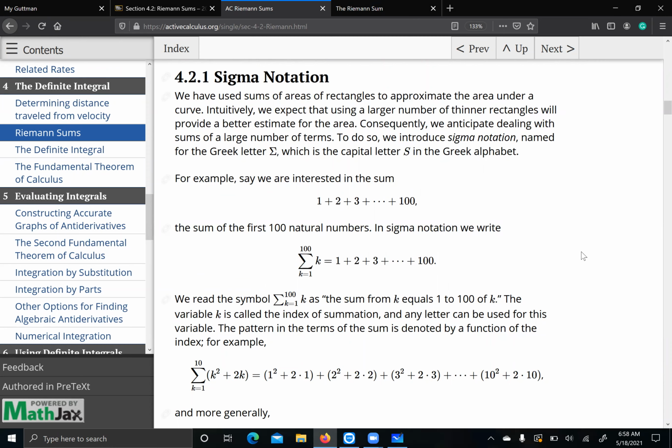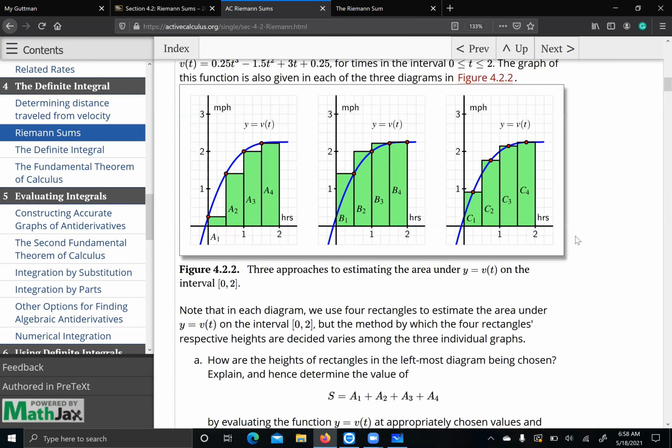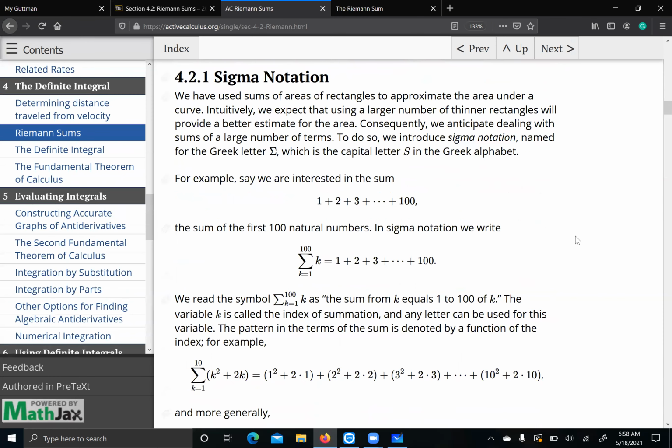Now, let's talk about notation because we're adding. You see that in our method, we create several rectangles, and then we add the areas of these rectangles. So we have addition, summation, right? When we have a sum, we usually use sigma notation.